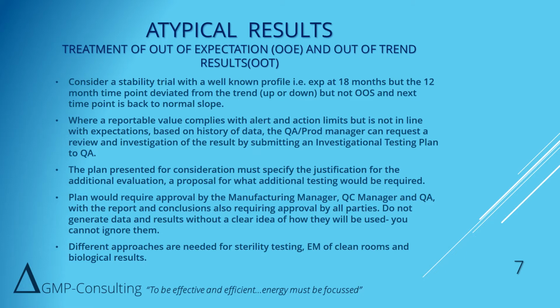Also in production, you might get production processes suddenly behaving differently to what they normally do, but they're still within the alert and action limits. In these cases, production, QA and QC may still pull together some investigation plan to find out what is going on. The expectation is that your process is in control and that you don't just ignore things if they're still within specification.